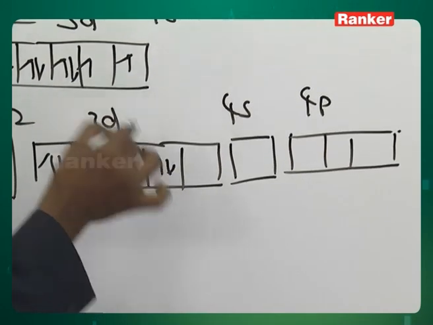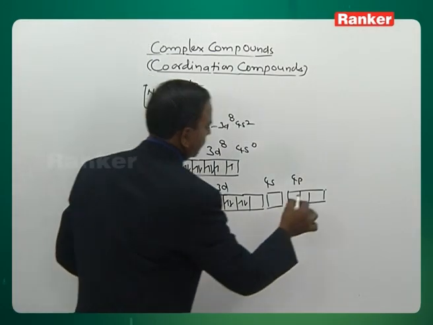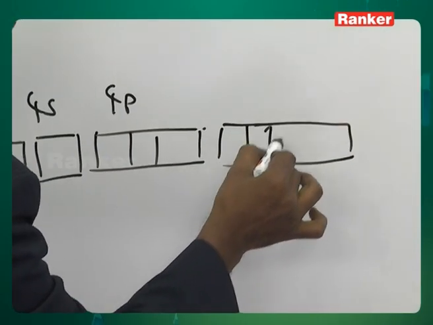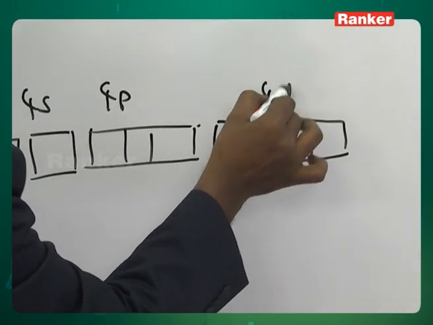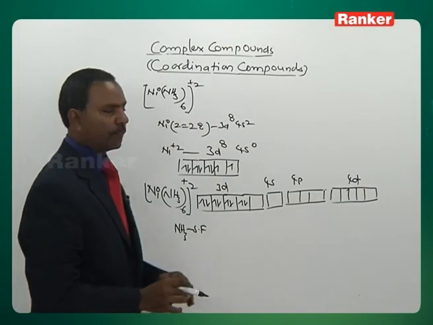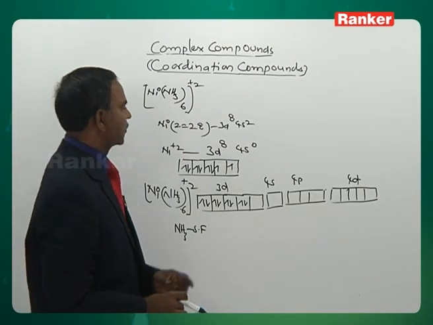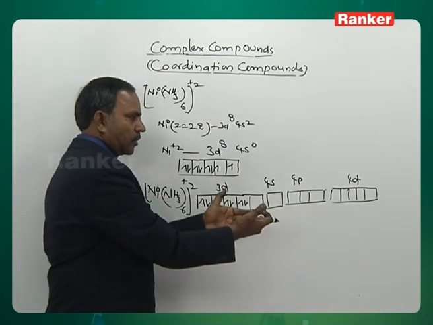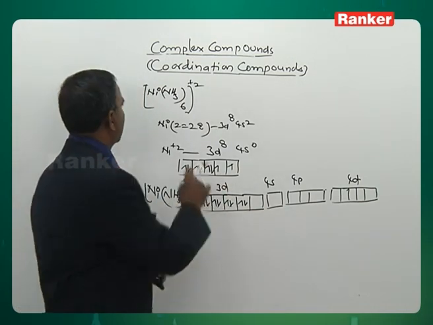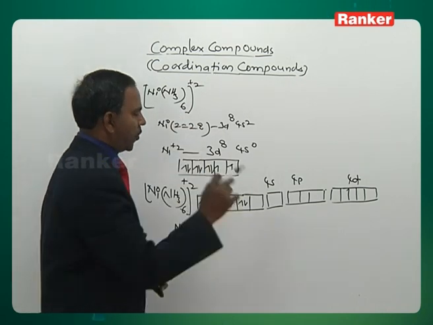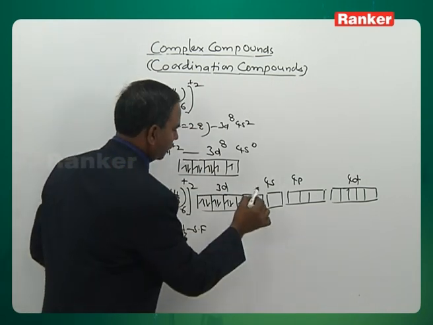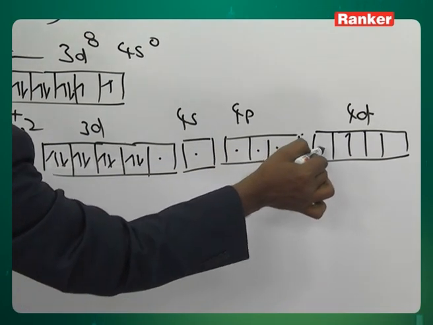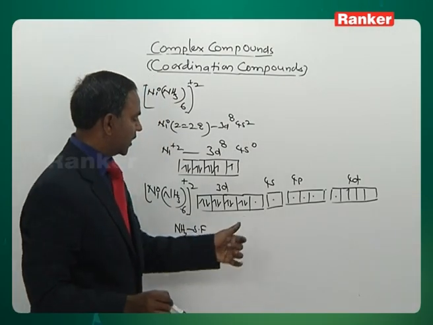Next, I am writing once again here 4d orbitals also. Suppose electrons are getting paired like this, 8 electrons. Since it is strong field, generally we do like this only, because with strong field electrons are getting paired. But the coordination number is 6, how many orbitals do you require? 6 orbitals, 1, 2, 3, 4, 5, 6. See how it is taking place.